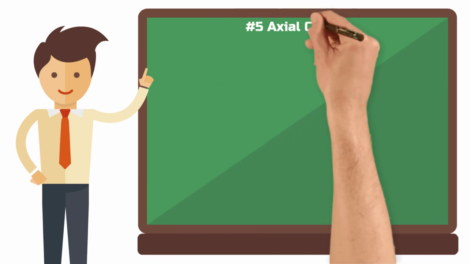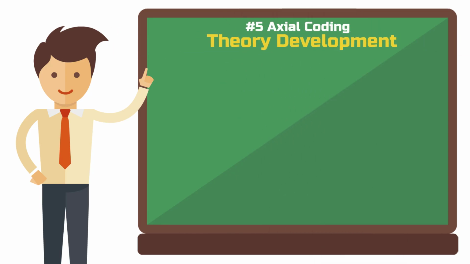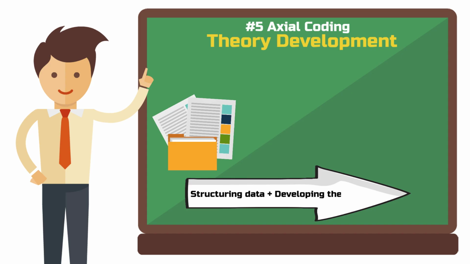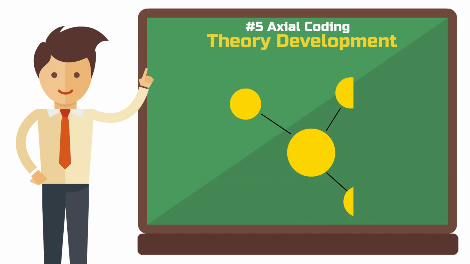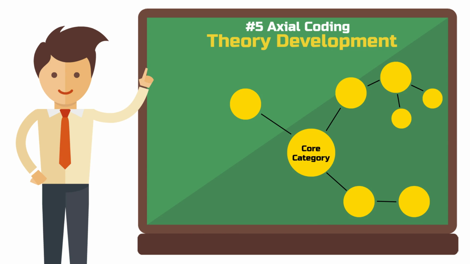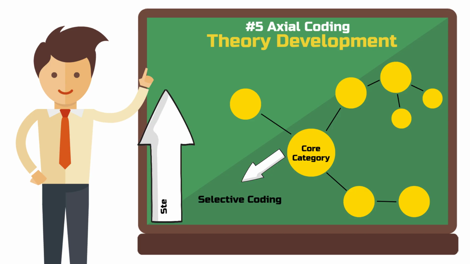A crucial point in axial coding is that it doesn't just help structure your data, it also paves the way to theory development. As you identify more relationships through axial coding, a central category or sometimes two or three often emerge. These categories form the heart of selective coding, where you ascend another level of abstraction.